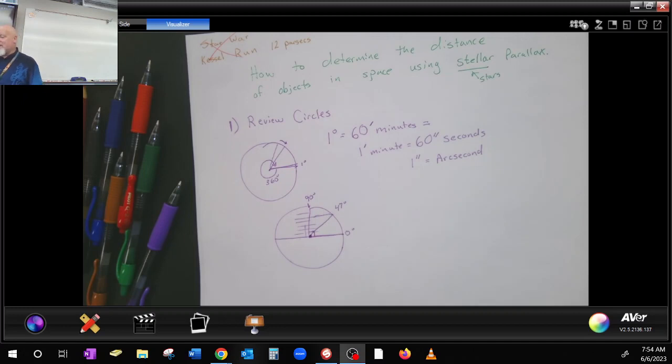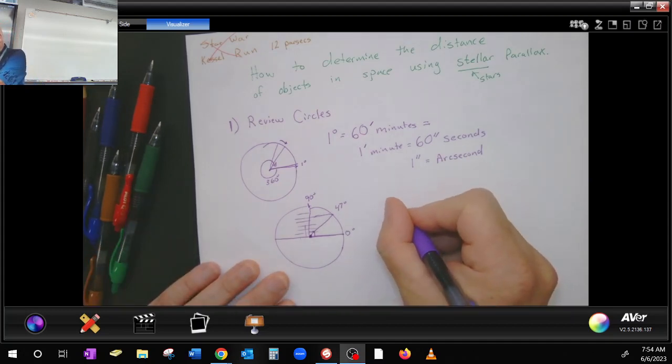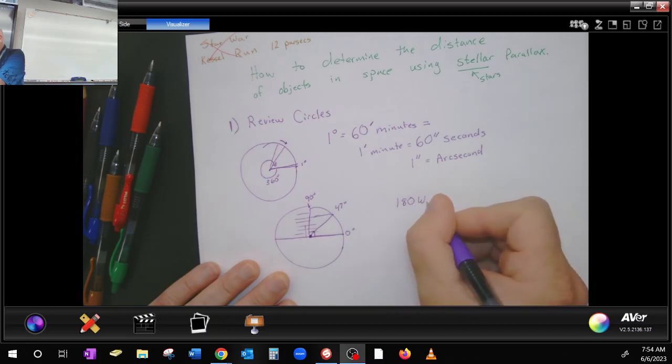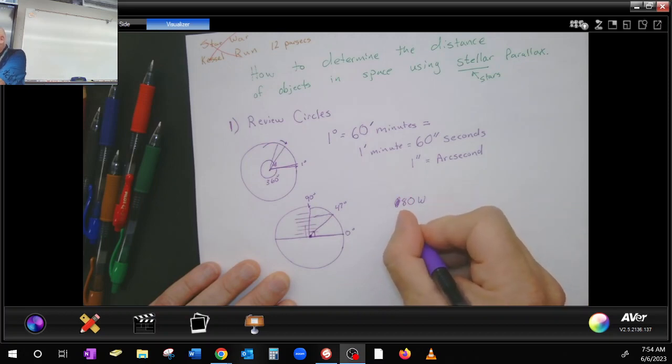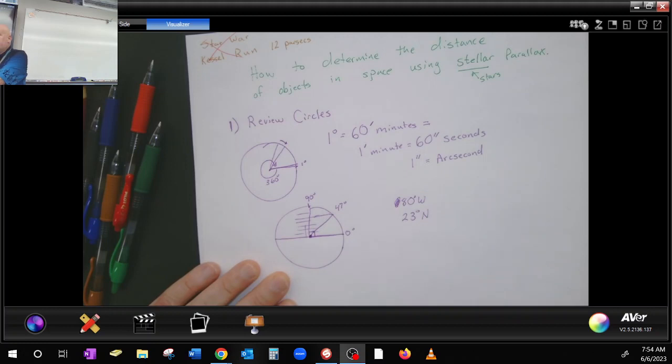So your SOS text message might be, this is my exact longitude and exact latitude. So you might say, I'm in the middle of the Pacific Ocean. I'm at 80 degrees west and 23 degrees north.